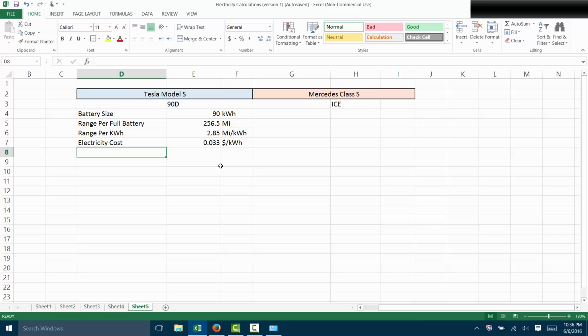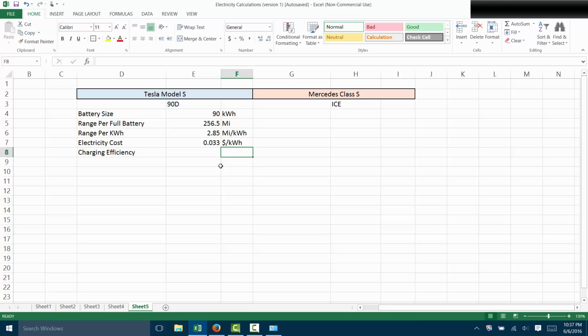The next parameter that you want is charging efficiency. What that means is not every little bit of charge that comes out of your wall, on that outlet that is dedicated to your Tesla, right?